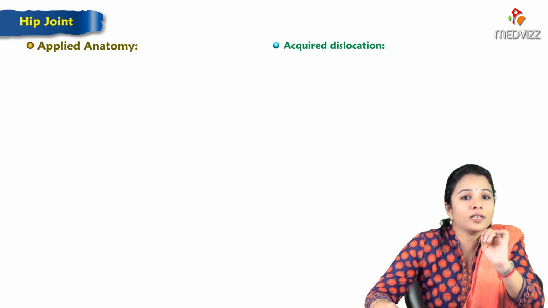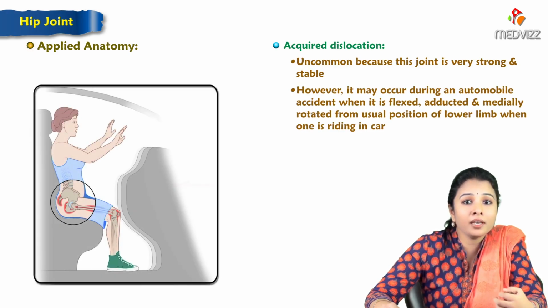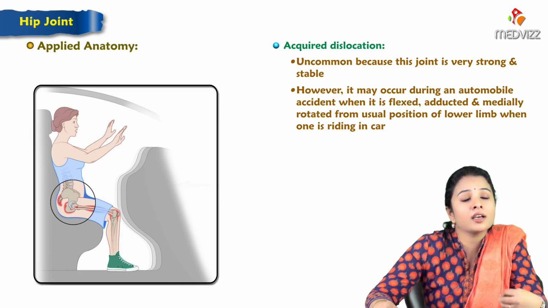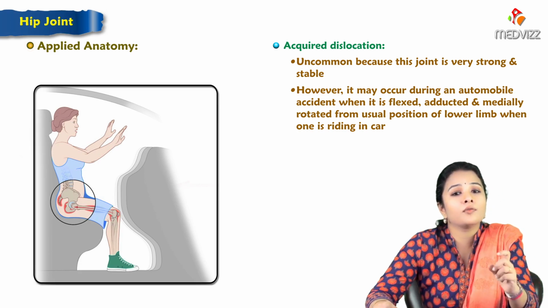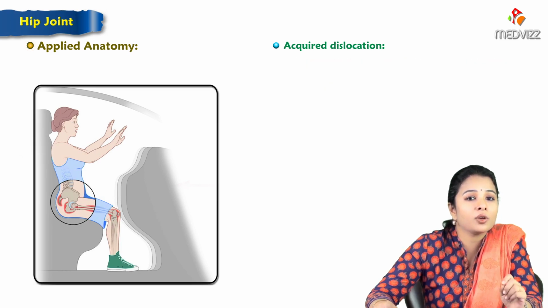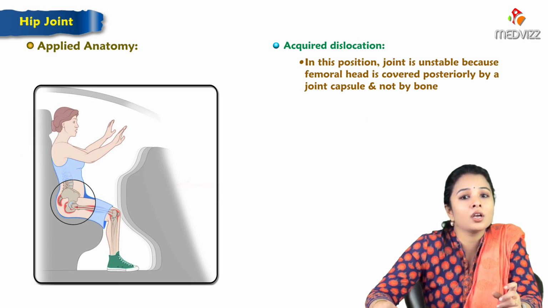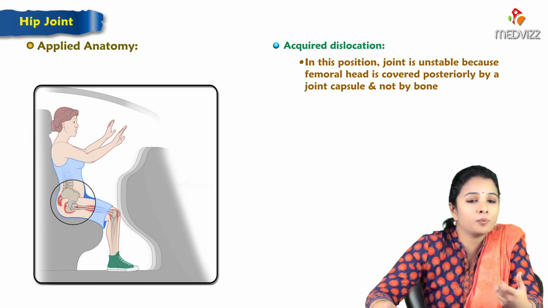So acquired dislocation, of course, it is uncommon, but it may occur during an automobile accident when the hip joint is flexed, adducted, and medially rotated from the usual position of the lower limb when one is riding a car. So in this position, the joint is unstable because the head of the femur is covered posteriorly by the joint capsule and not by the bone.